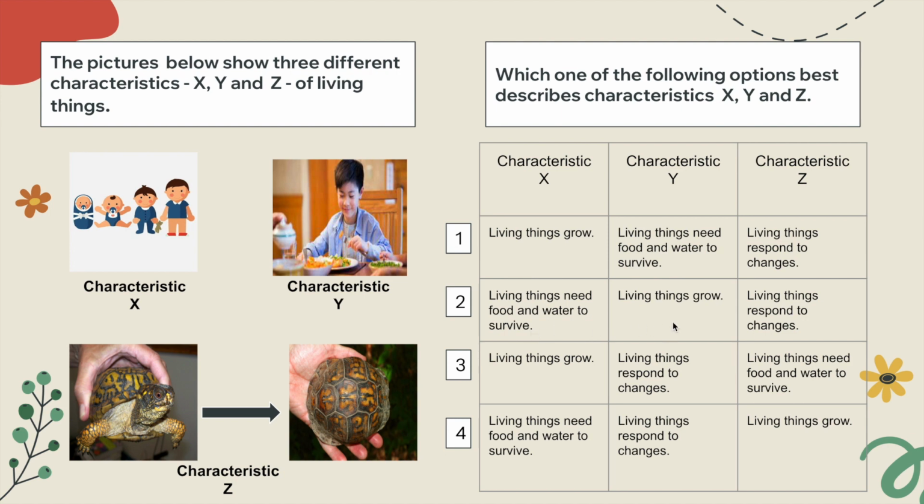Living things grow. Living things respond to changes. Option 3. Living things grow. Living things respond to changes. Living things need food and water to survive. And option 4 is living things need food and water to survive. Living things respond to changes. And living things grow.